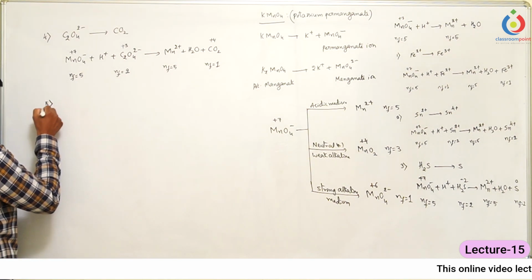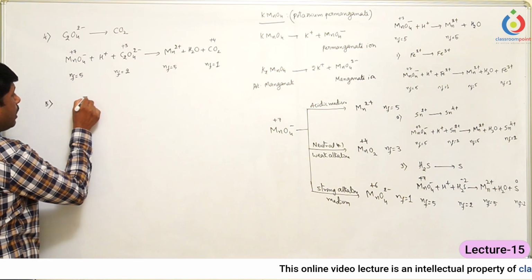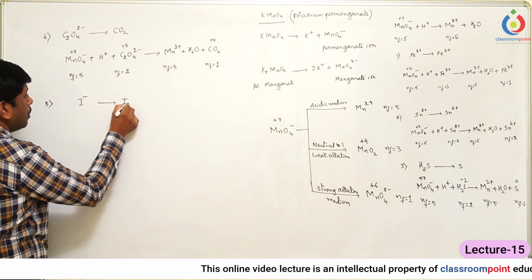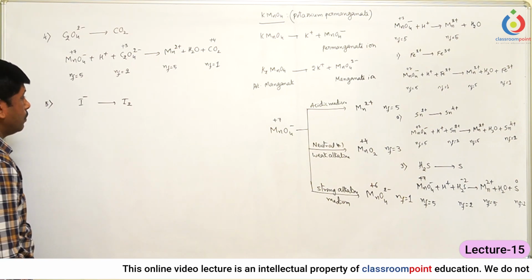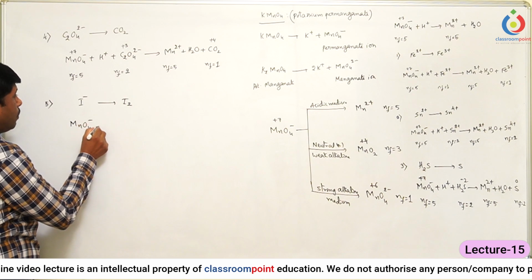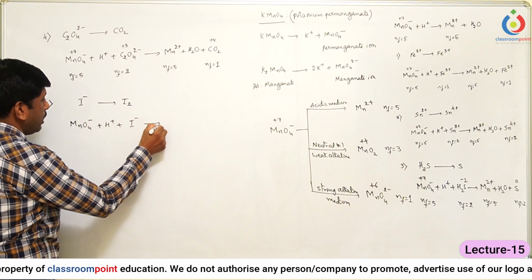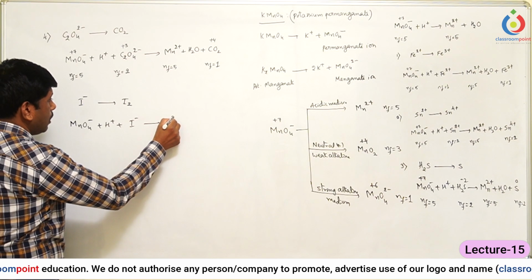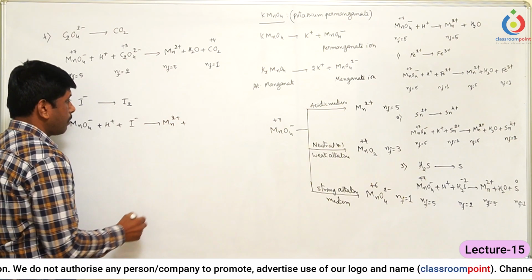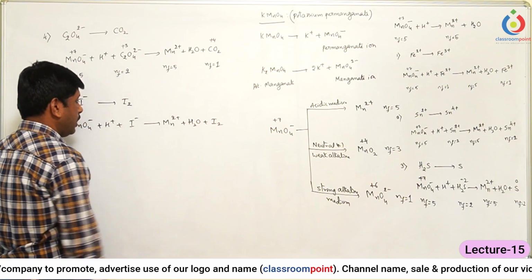And next, number 5. So let us see the I minus oxidized to I2. So that here we can write down that MnO4 minus H plus I minus giving Mn2 plus H2O plus I2.